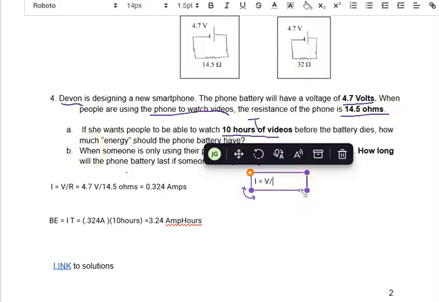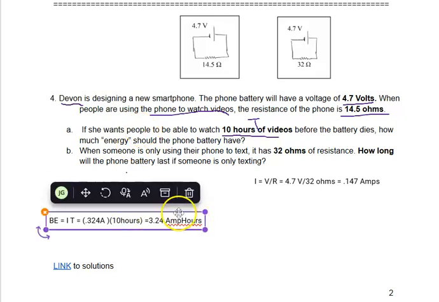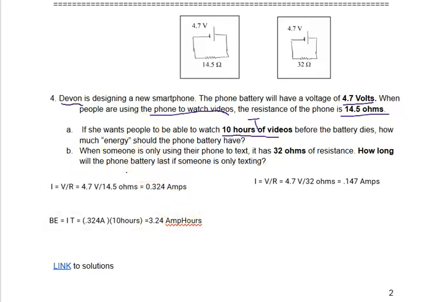So I equals V over R, which is 4.7 volts over 32 ohms. So the current in this circuit is 0.147 amps. And I hope this makes sense that she designed the battery, right? So it's the same battery.